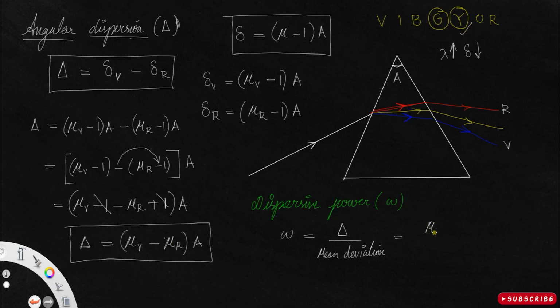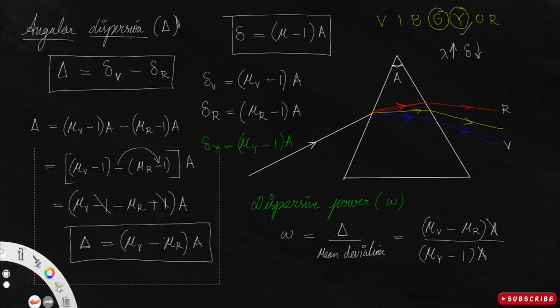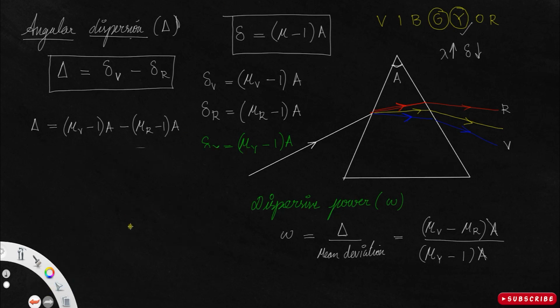So angular dispersion is mu v minus mu r into A, by, for the mean color, the deviation for yellow color, which is equal to the refractive index of yellow minus 1 into A. So cancel this A and A. So you will get dispersive power omega is equal to mu v minus mu r divided by the refractive index of yellow minus 1. Clear?